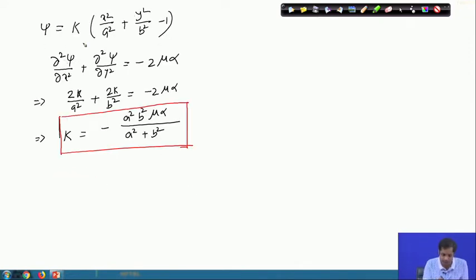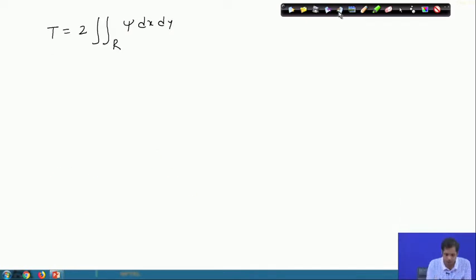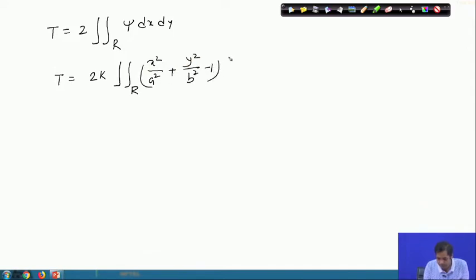If we substitute this psi in the expression, then T is equal to 2k times the integration over R of x square by a square plus y square by b square minus 1, dx dy.